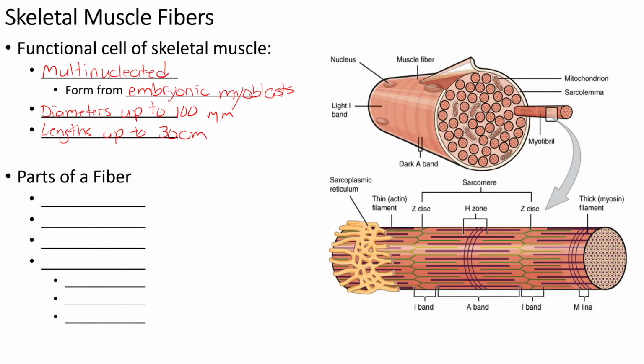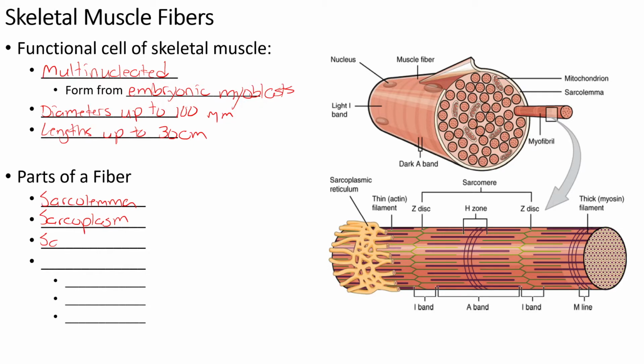So the parts of a muscle cell, a muscle fiber, are pretty much synonymous with those of the cells that you studied in basic biology. We have what's called the sarcolemma, which is basically just the plasma membrane. We have the sarcoplasm, which is just the cytoplasm itself.